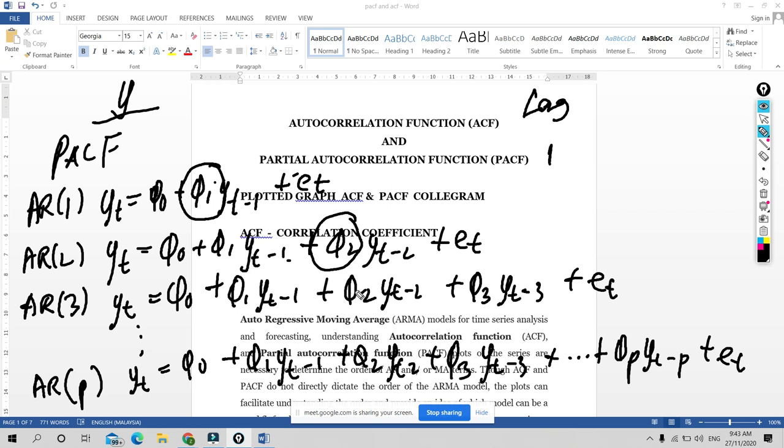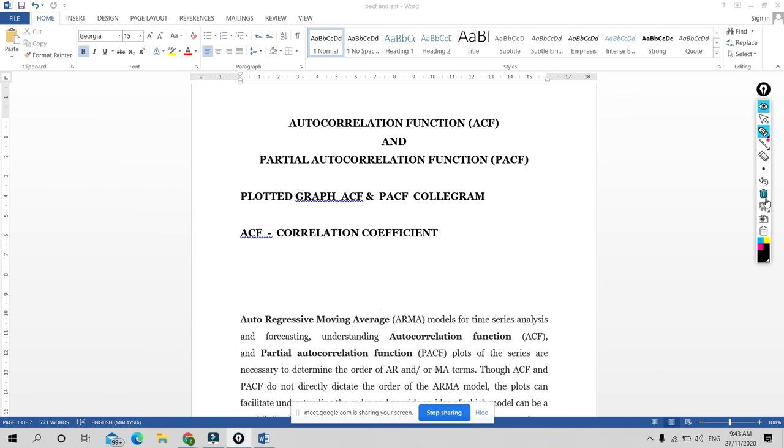Then this is the difference from the autocorrelation function. ACF for lag 1 is a correlation between Y1 and Y1? Then for lag 2 it is between Y1 and Y2, for lag 3 between Y1 and Y3, and for lag P between Y1 and YP.